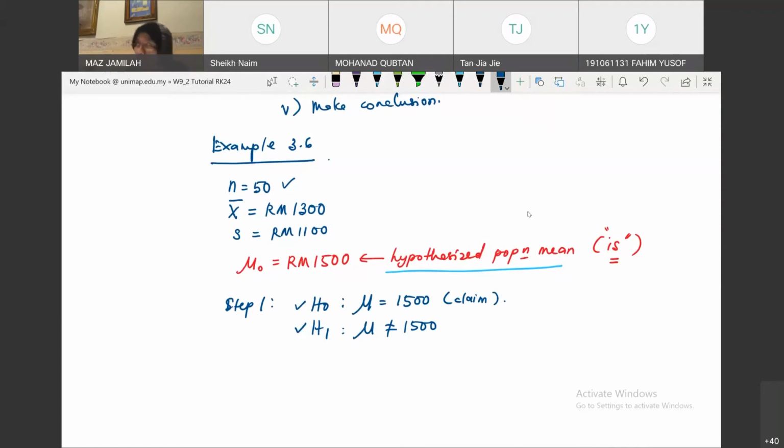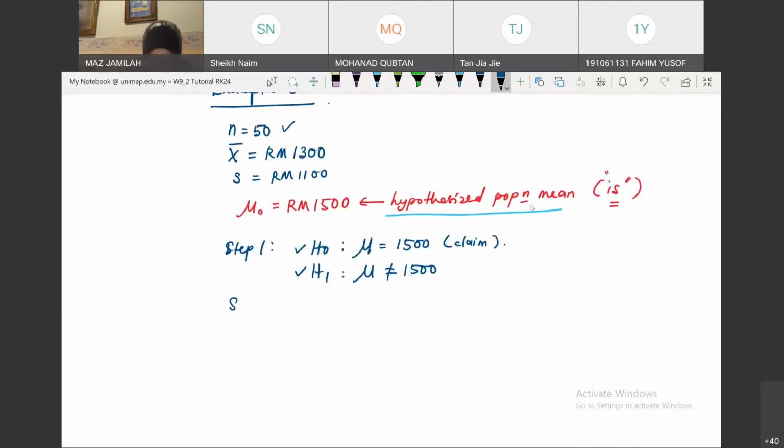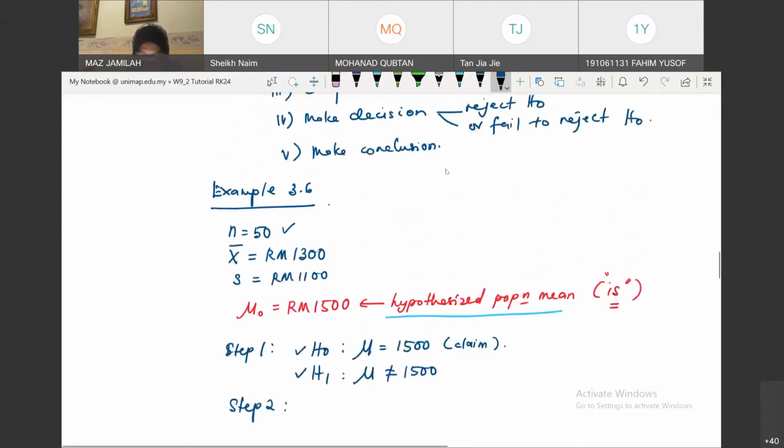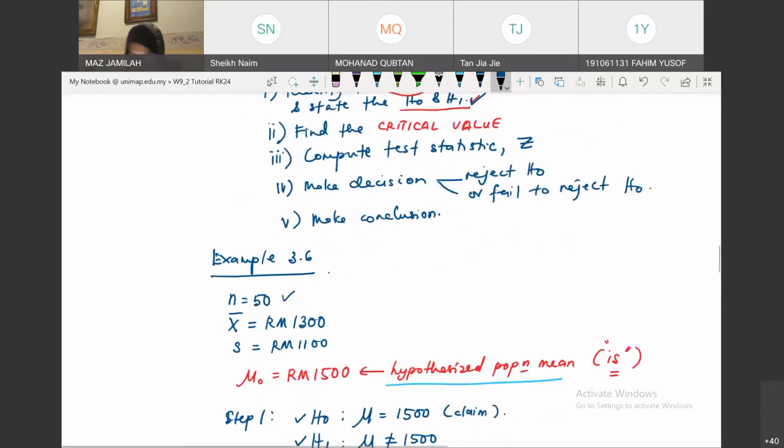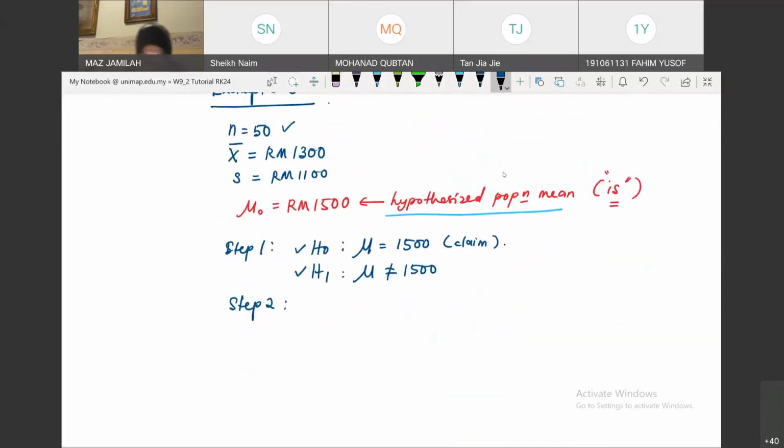So that will be step 1. Step 2 requires you to find the critical value. Now, in this case, you need to look at your sigma, known or unknown.